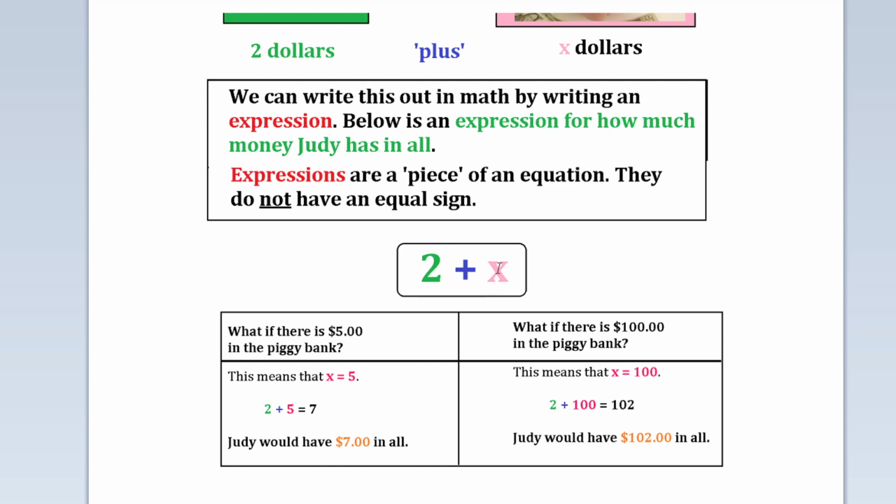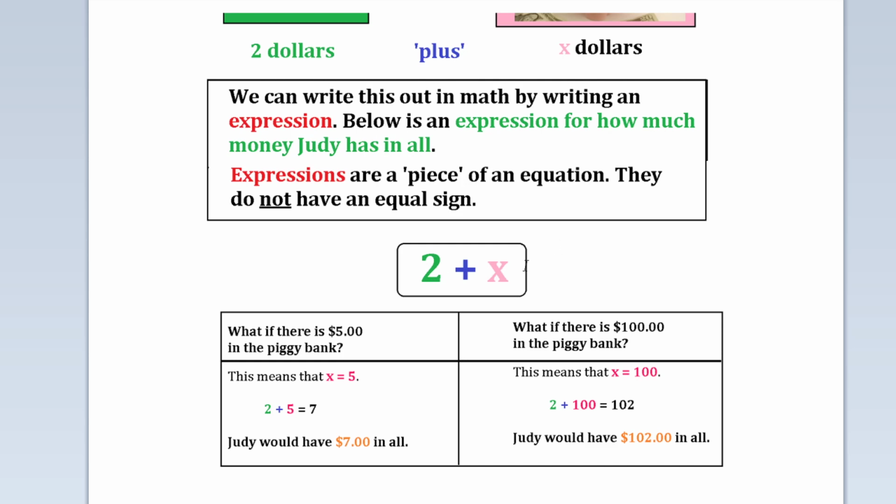Well, now x is not unknown. We opened the bank, so now we know x is 5. So we could do 2 plus 5 instead, and that's what I've written down here. And 2 plus 5, she'd have $7 in all: $2 in her pocket plus the $5 in the bank, $7 total.